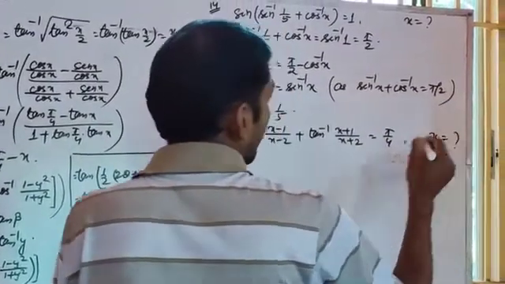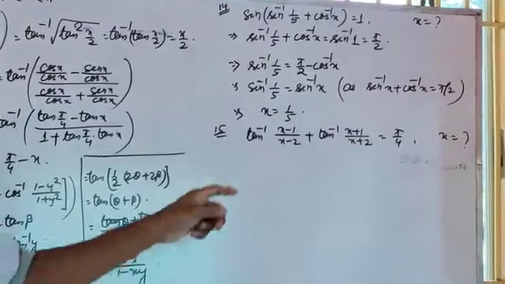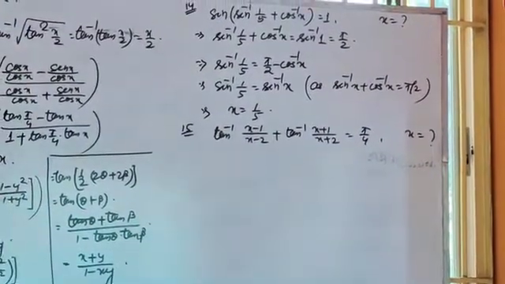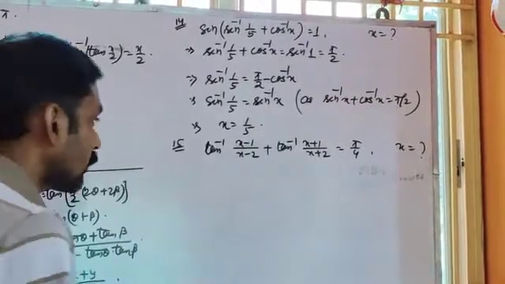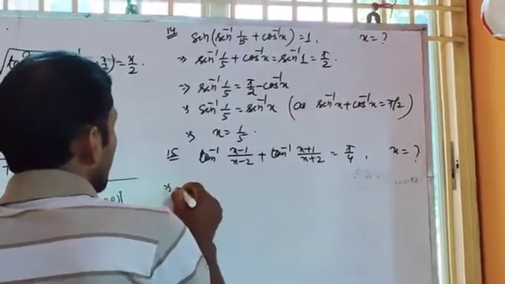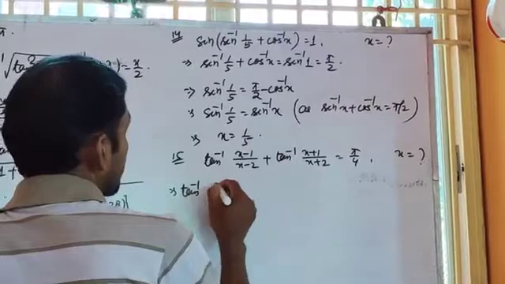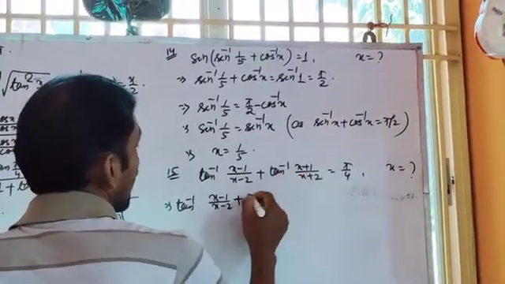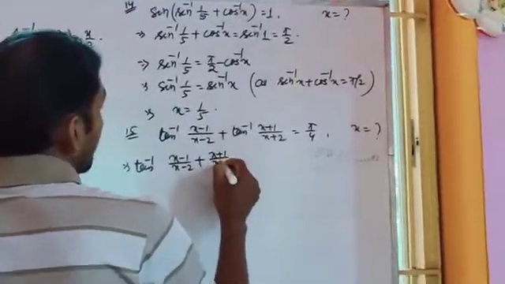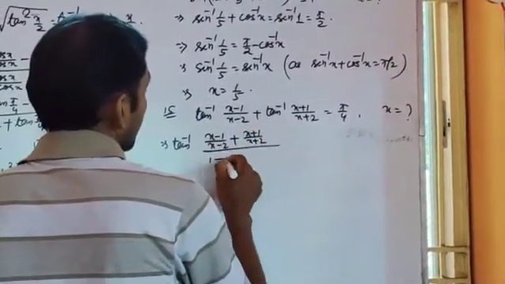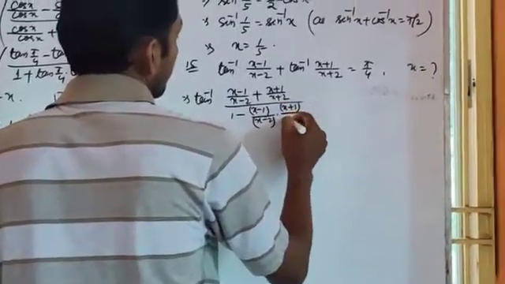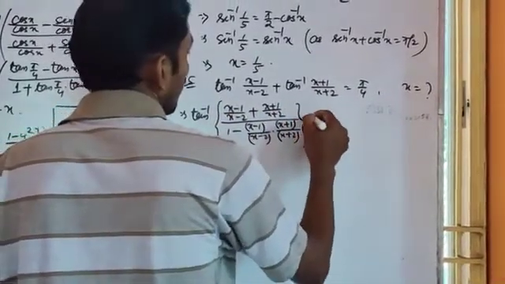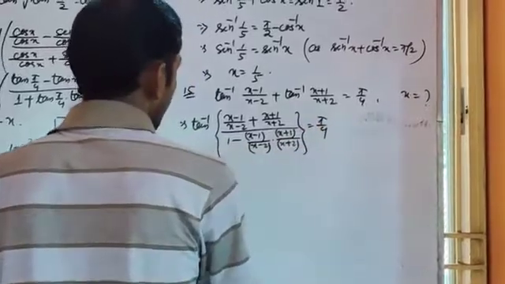Then again, what is the value of x? Now you see the left hand side is in the form of tan inverse x plus tan inverse y. So here we can use the formula: tan inverse of x plus y by 1 minus xy equal to pi by 4.